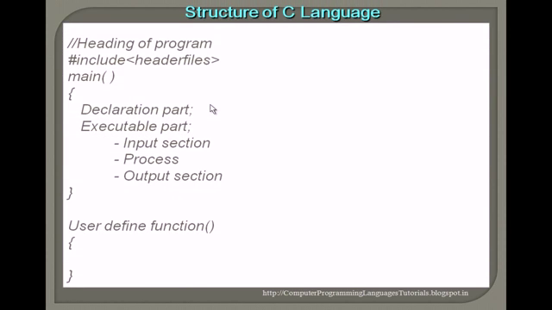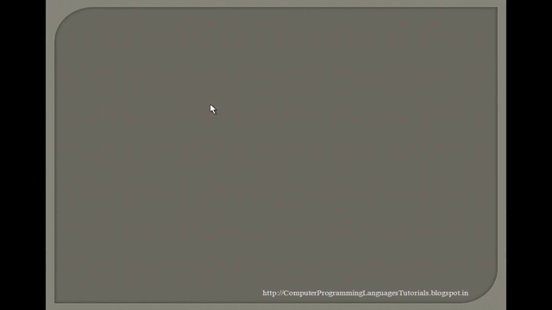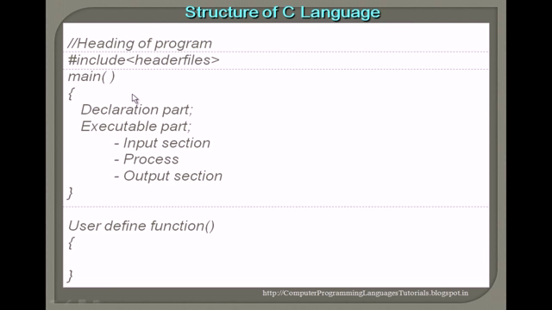What is the structure of C? First, by using a single line comment, you can write a heading of the program, then include the header files. After that, your program begins with the main function. Main function is also divided into declaration part and executable part.